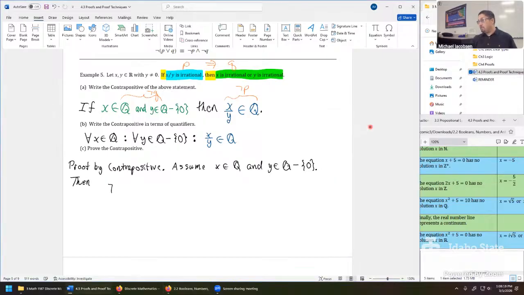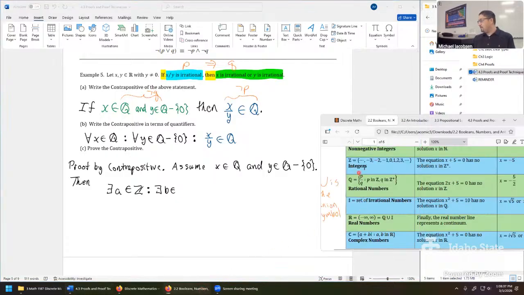then for x, there's going to exist, I'll just go a, b, c, d. There's going to exist an element a in the set of integers. And there will exist another element, b, in the set of, let's match up the notation that we saw here, positive integers, and that's a fine way to write a fraction, because if it had to be negative, the numerator could be the negative element.